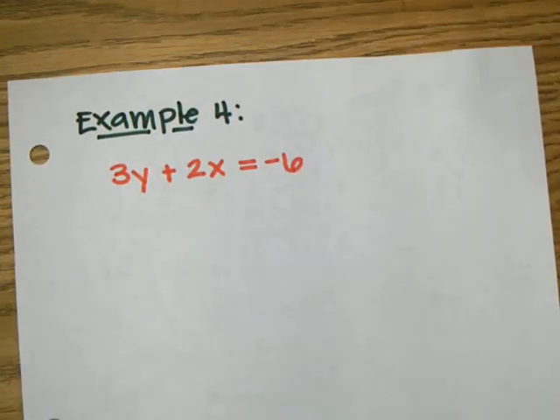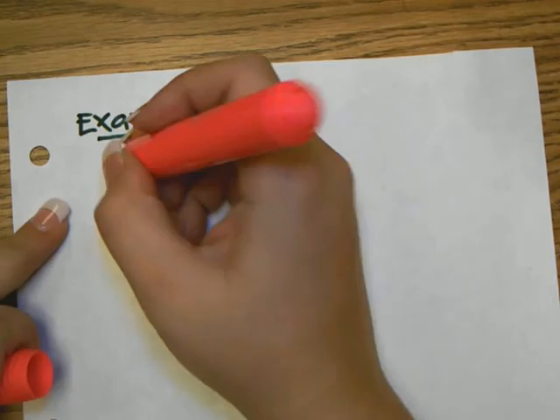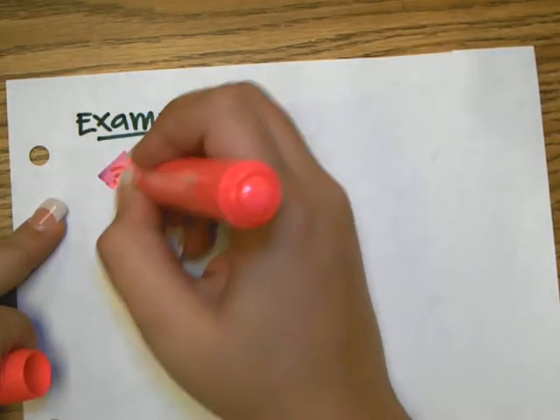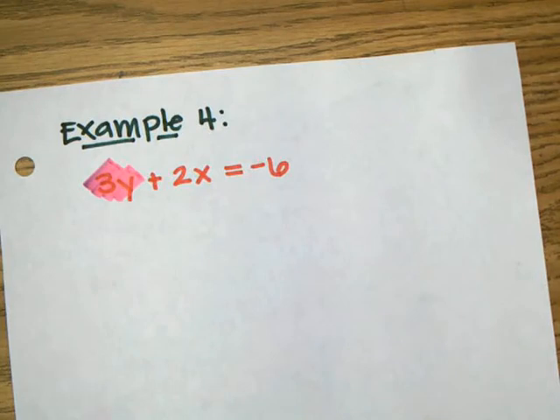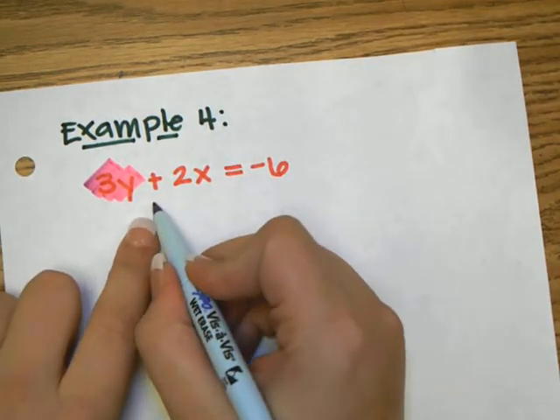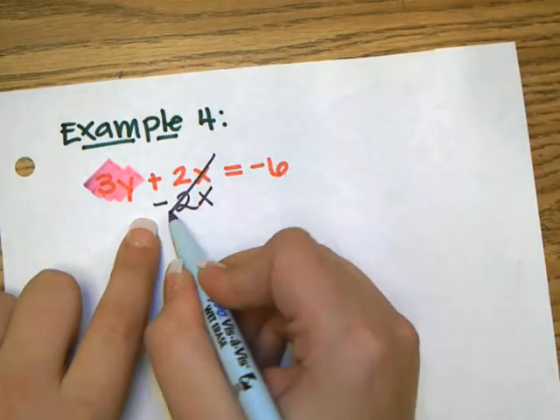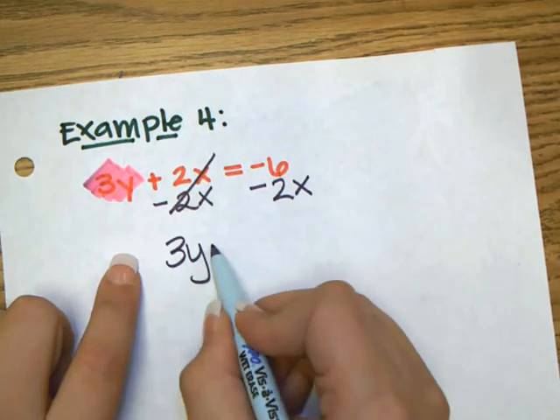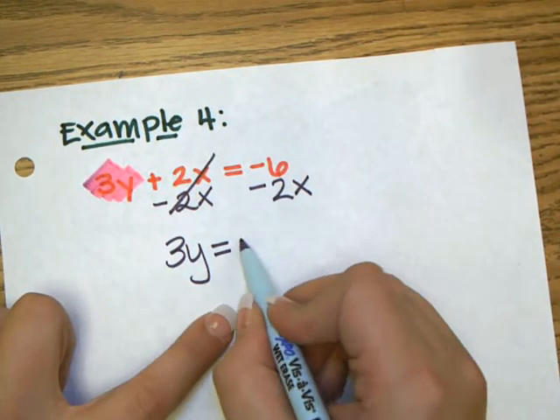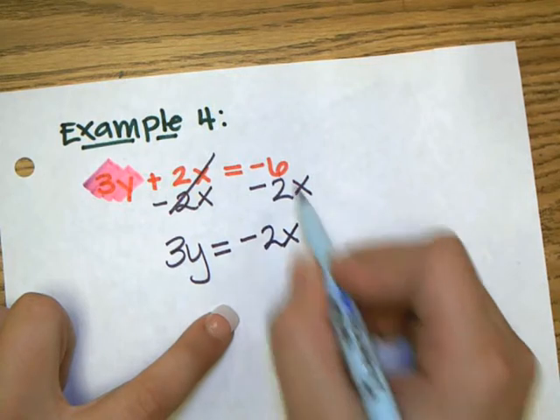Okay, let's take a look at one last example here. So again, our goal is slope-intercept form. We want this y here to be by itself. So to get rid of the 2x, we're going to subtract 2x. Bring down the 3y.